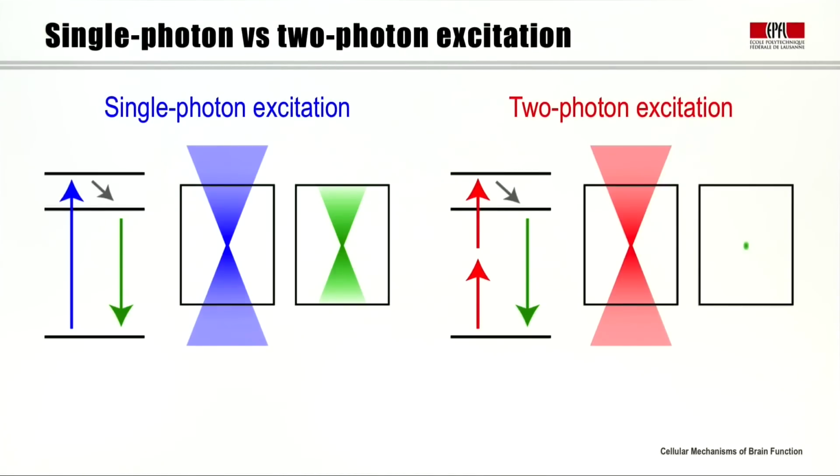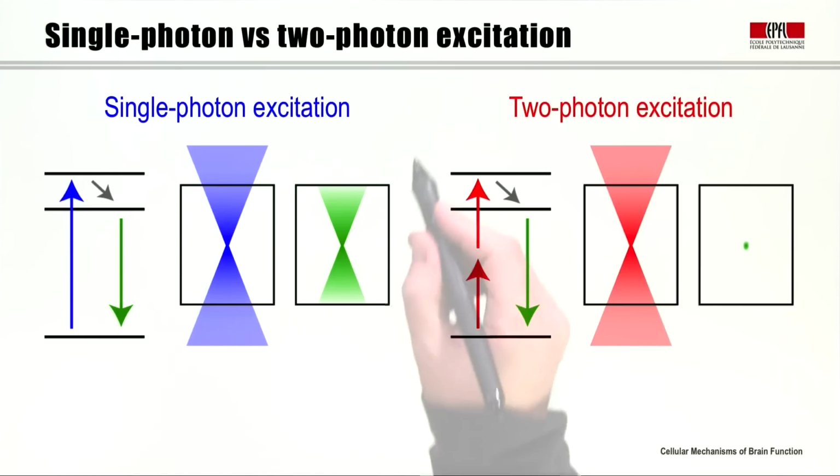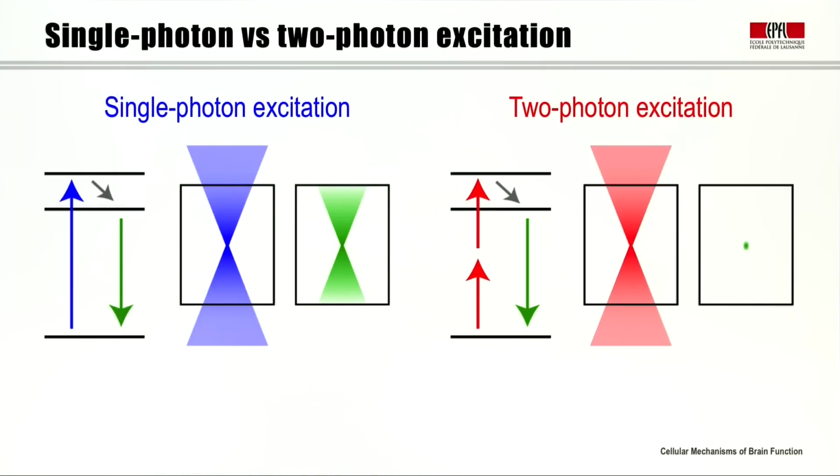We have one further major problem in terms of imaging densely labeled fluorescing structures in the brain, and that's because of the way that single-photon excitation typically works. And so in standard fluorescence microscopy, we send in one high-energy photon, say 450 nanometer blue light, that is used to excite the fluorophore.